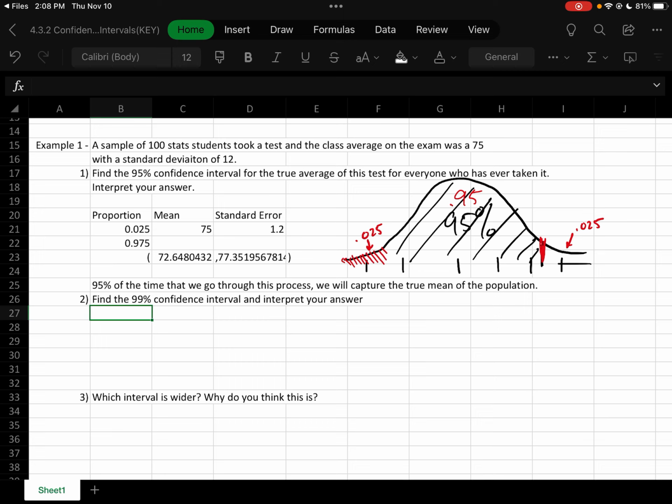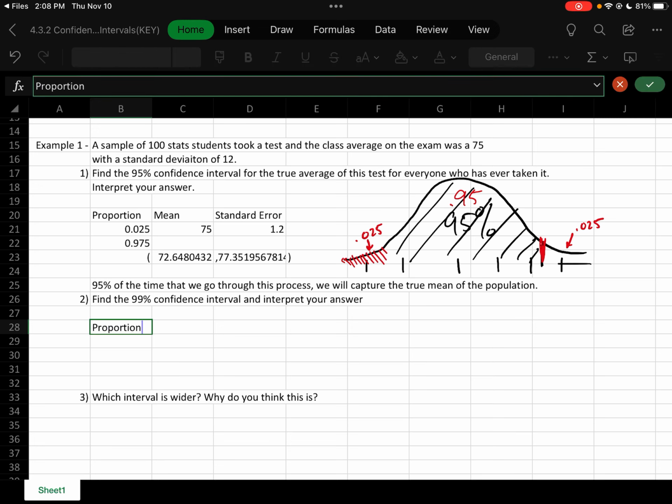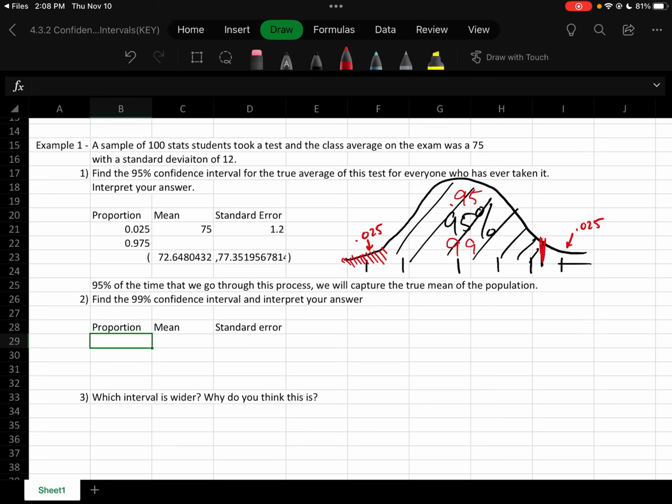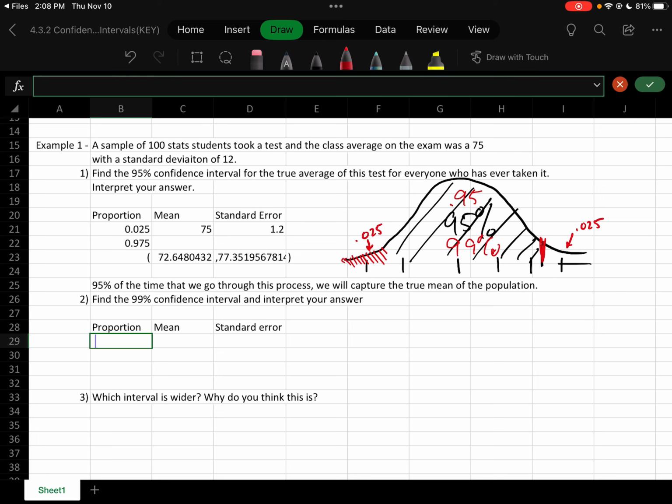So now let's go through the same process with a 99% confidence interval. Again, I need to find the proportion, the mean, and the standard error. Looking at this same picture, now 99% is in the middle, which means there's only 1% being split between the two tails. So for the lower bound, 1% split in half is half of a percent, so that's 0.005.